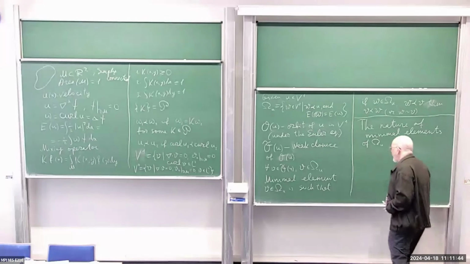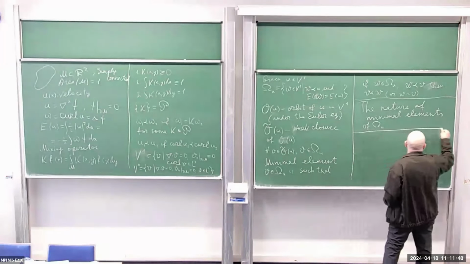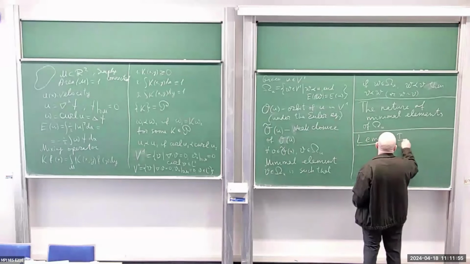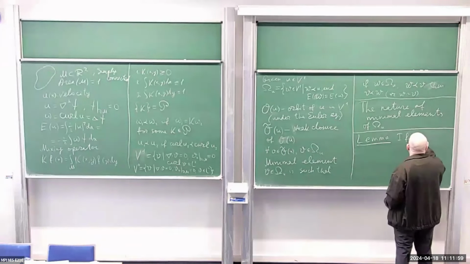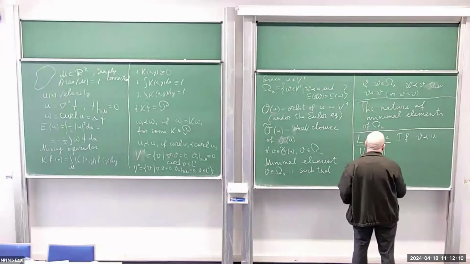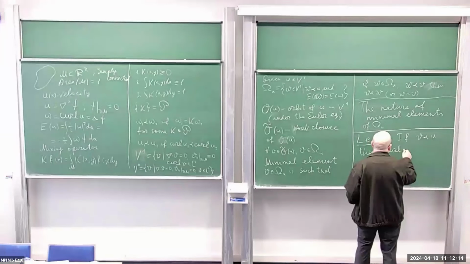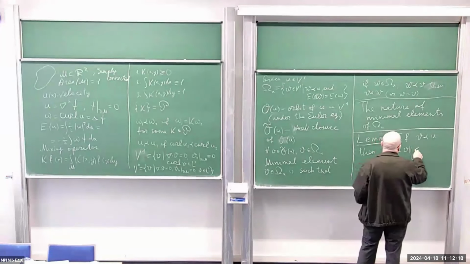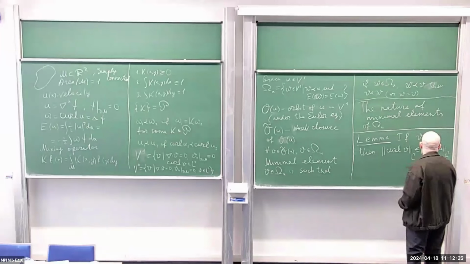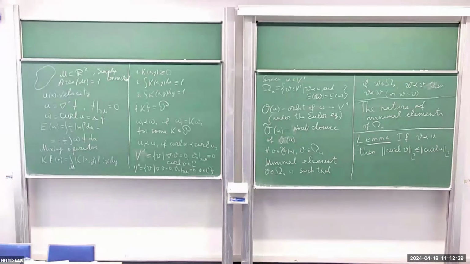First of all, if say V is less than U in this sense, then the L2 norm of curl V is less or equal to the L2 norm of curl U. So this gives some material sense of what it means.